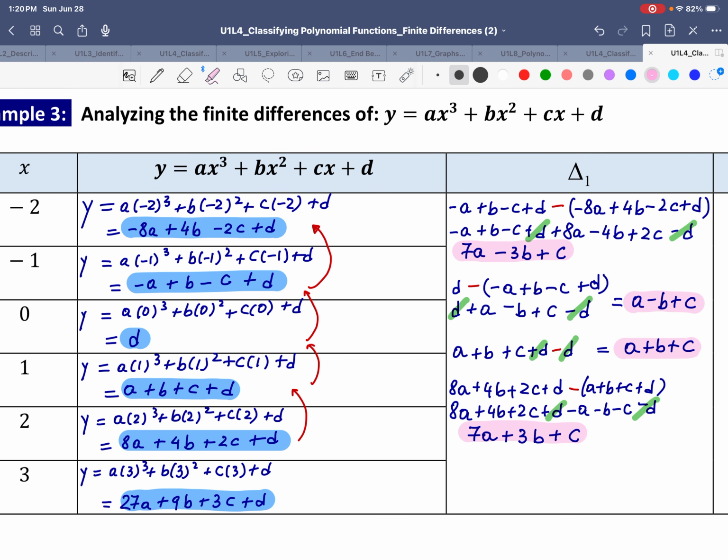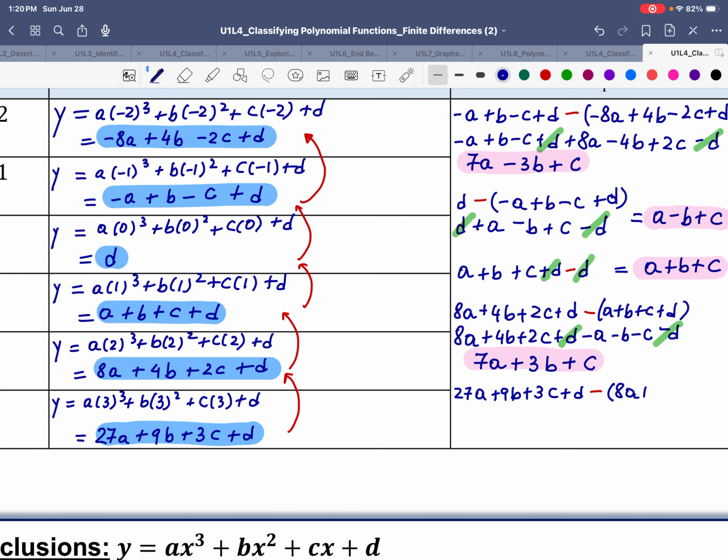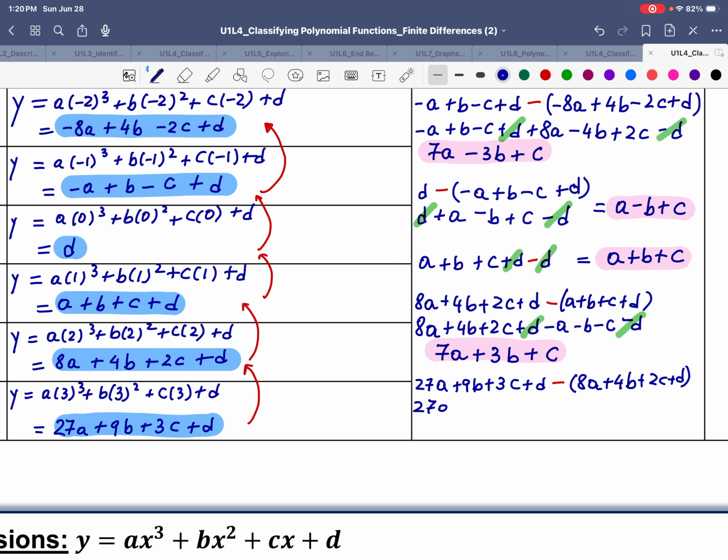And one more to go, and we're almost done for delta 1 for the first differences. So here we go. So this time we have 27a plus 9b plus 3c plus d, and we are subtracting this big expression here, 8a plus 4b plus 2c plus d. Ooh, we made it. Now open up brackets, 27a plus 9b plus 3c plus d, and then subtract 8a, subtract 4b, subtract 2c, and subtract d.